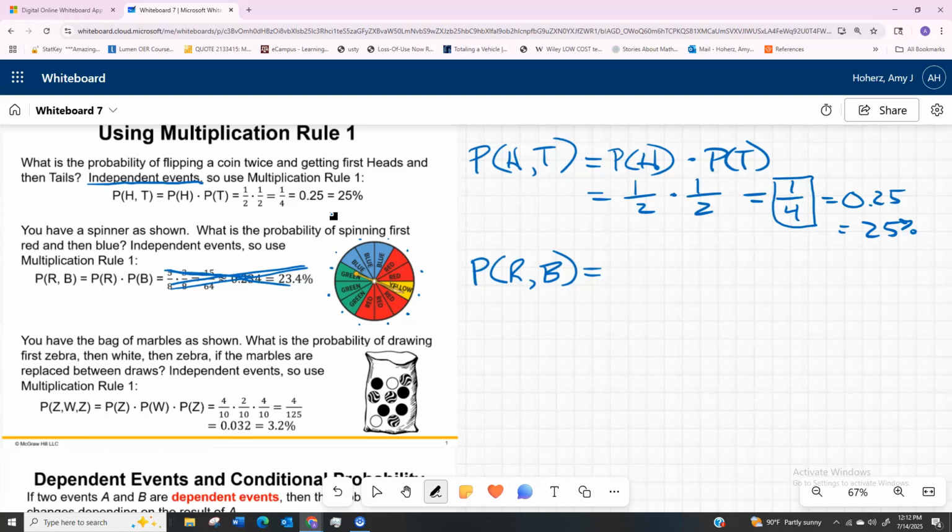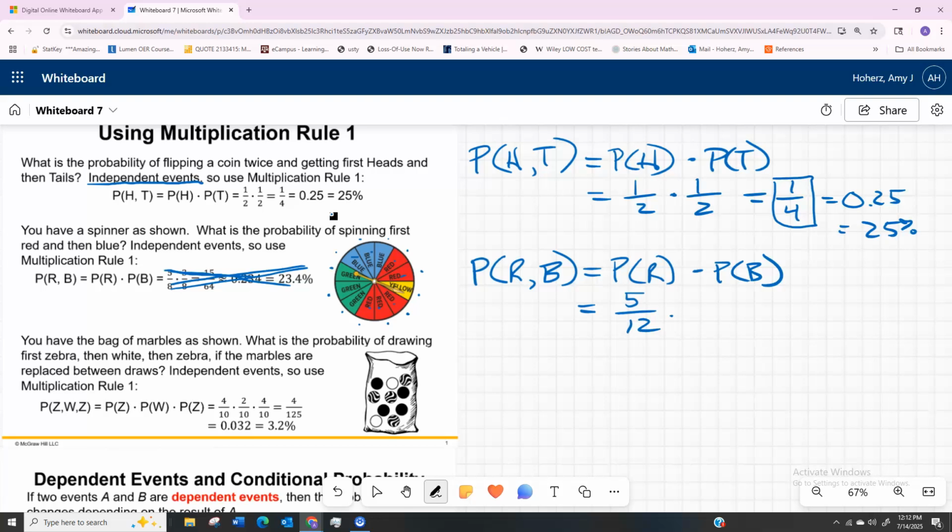So the probability of getting a red then a blue is going to be the probability of a red times the probability of a blue, which is equal to, how many reds? The probability of a red, well, there are 1, 2, 3, 4, 5 out of the 12 that are red. So 5/12 times the probability of blue.